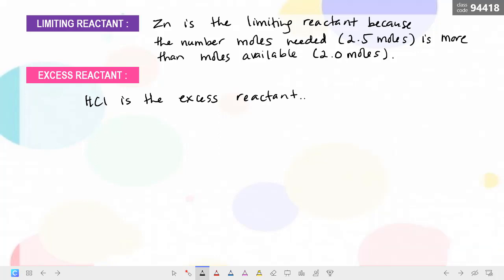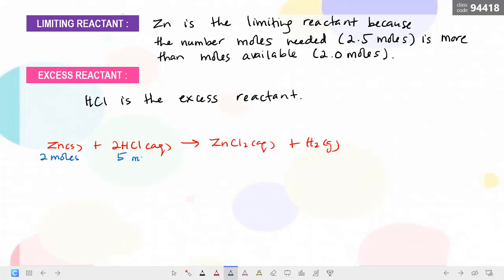So kalau you nak tanya kenapa reason dia, saya boleh tunjukkan contoh kat sini. Let's say from the equation you may refer to the equation and information given. So kita ada apa tadi? Zinc solid plus 2 mole of HCl produces 1 mole of zinc chloride aqueous and 1 mole of hydrogen gas. So provided to you here we have 2 moles of zinc and 5 moles of HCl.